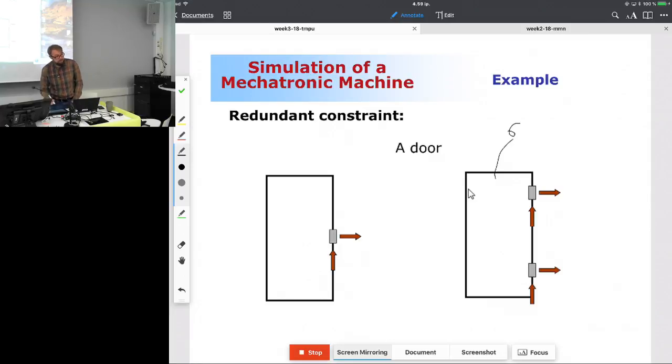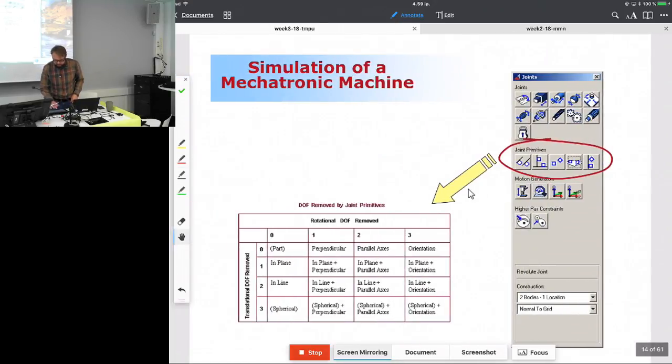Then, if you look at the door here, how many revolute joints do we have? We don't know, but I guess there are 2. Yeah, 2. Okay, so I have 1 revolute joint, another revolute joint. Let's go to this slide here.